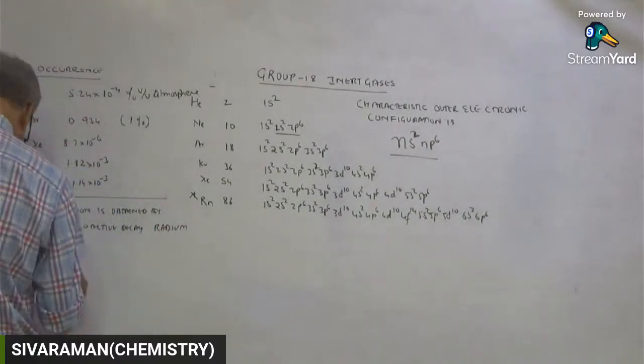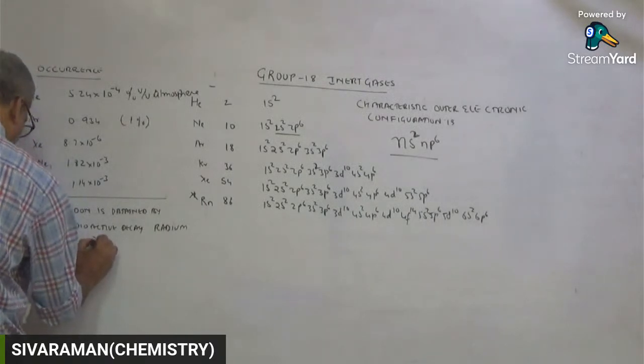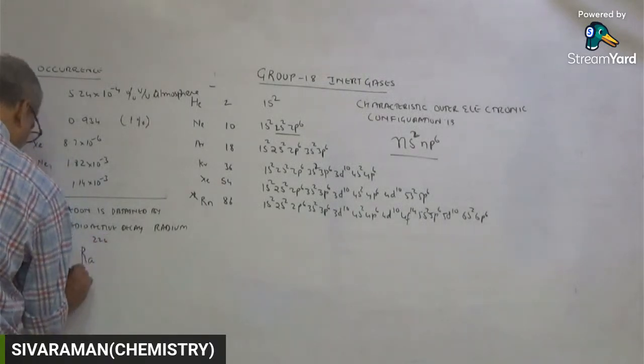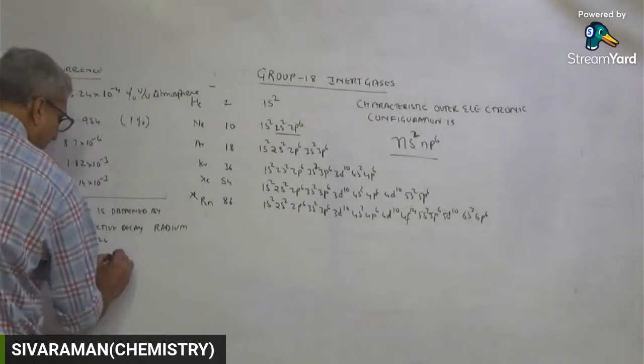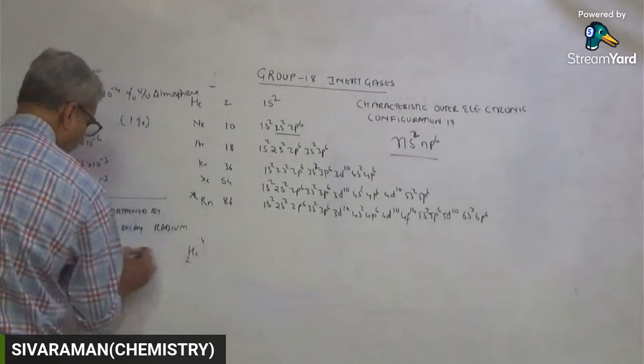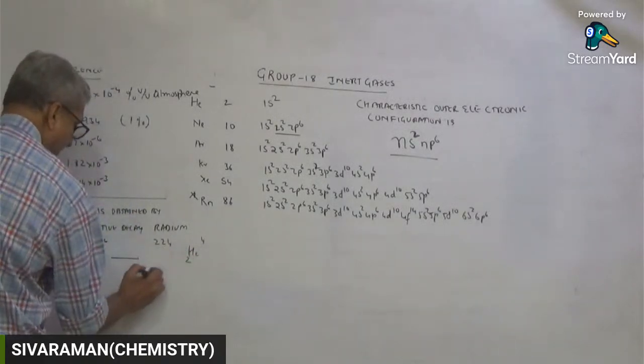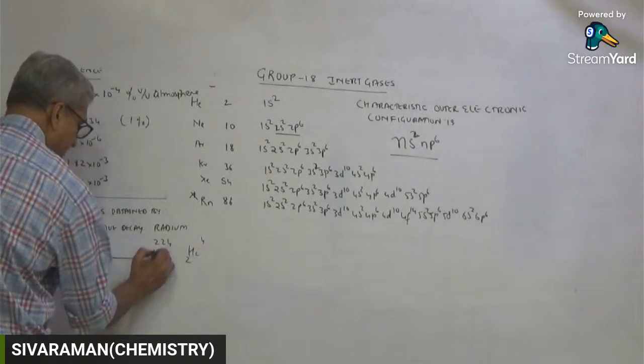Is that clear? So what is the source? You have radium-226, atomic number 88. When it gives out one alpha particle, helium 4, 2, the mass number will decrease by 4, so 222, and the atomic number decreases by 2, so this will be 86.